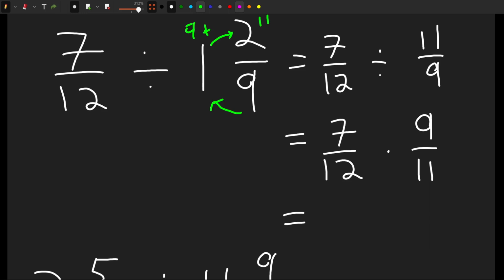Now here, I know that 12 is 2 times 2 times 3. I know that 9 is 3 times 3. So I can cancel out one of the 3's, and I am left with 7 times 3 is 21 over 4 times 11 is 44.